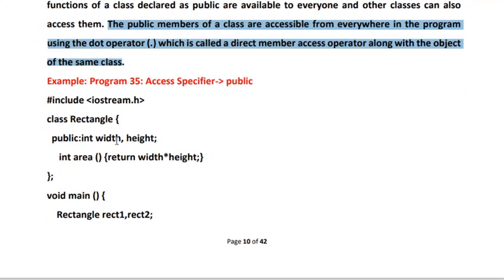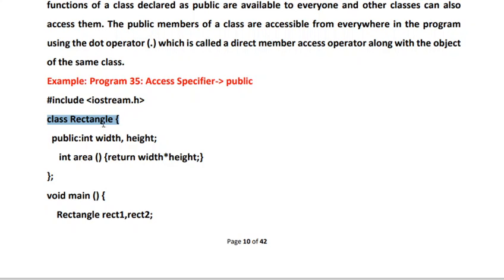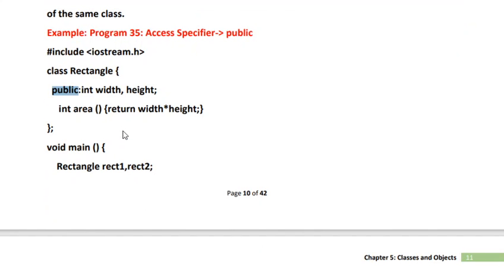Now let us try to understand with the help of an example. Here we have a class Rectangle, and I have placed the data members as well as the member function in the public domain of that class. So the public access specifier is associated with width, height, as well as the member function area.